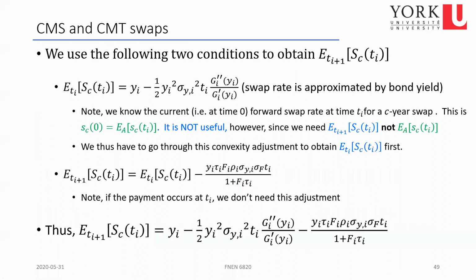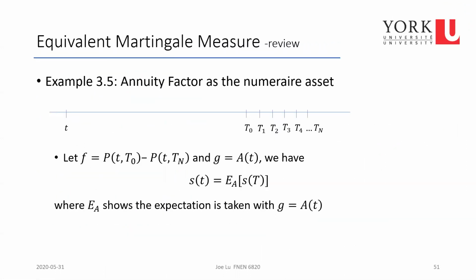So the key here is really the two adjustments that we need to determine the actual floating side rate that we can use in the valuation here. So, I suggest you review the equivalent martingale measures, how we set them up, and in this case, what a swap rate is, under which martingale, expectation under what numeraire.